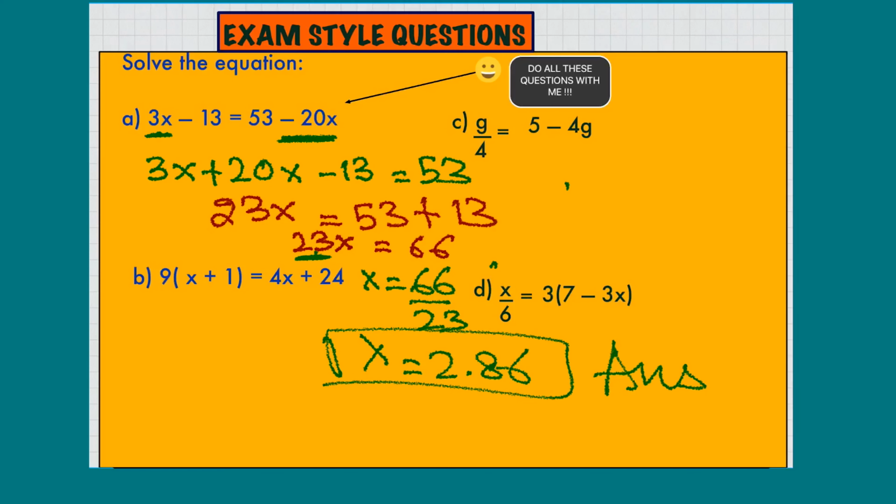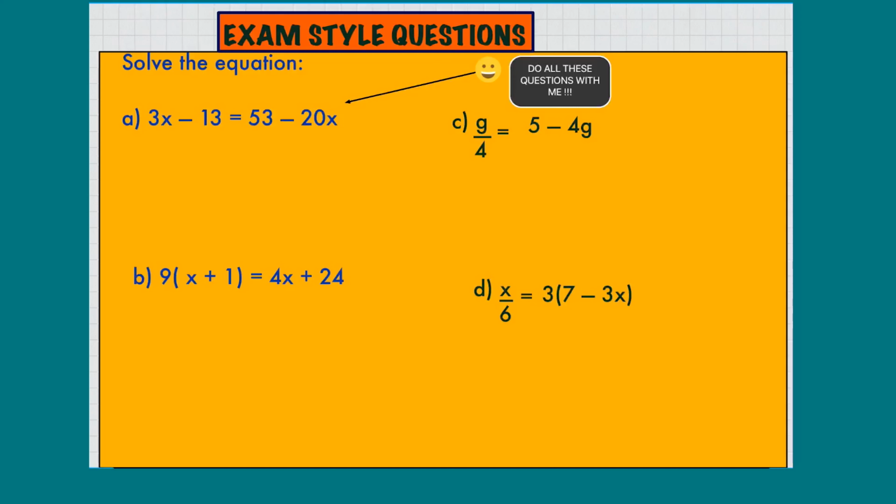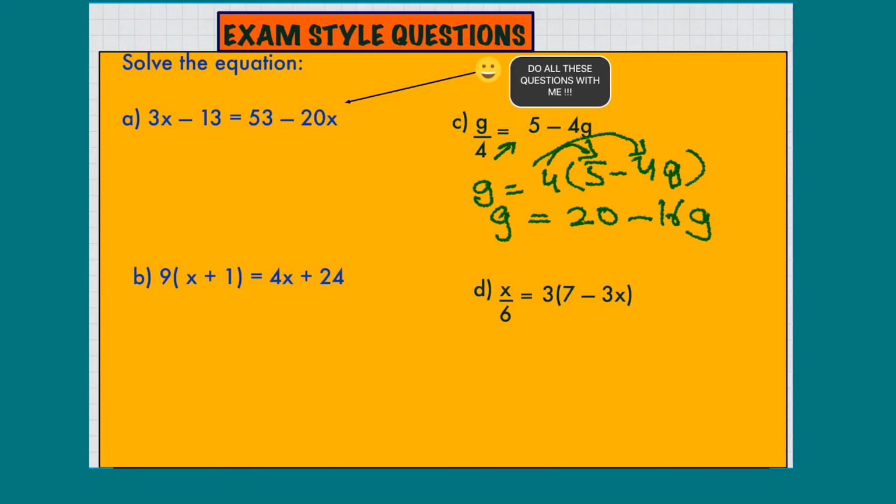Now part C, we've got g over 4 equals 5 minus 4g. First thing I can do, 4 is in the denominator, so I'm going to times 4 with everything on the other side, which makes it g equals 4 into 5 minus 4g. Next step, 4 times 5 is 20 minus 16g equals g.